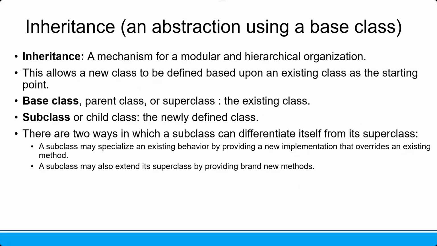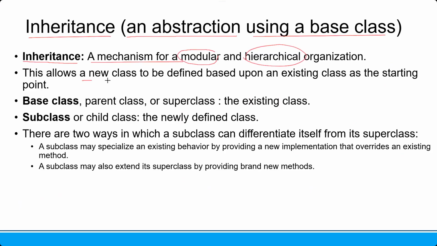In object-oriented programming, there's also another concept that we call inheritance. Inheritance is an abstraction using a base class. It is a mechanism for a modular and hierarchical organization.